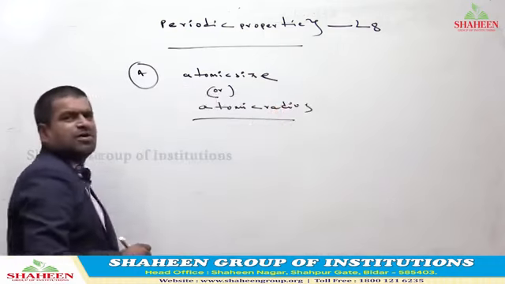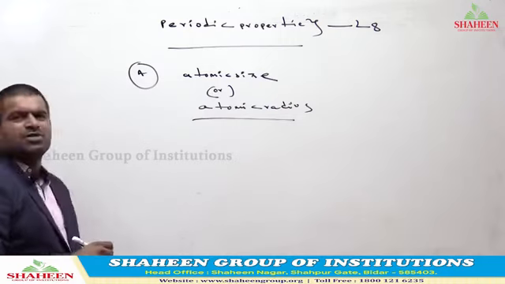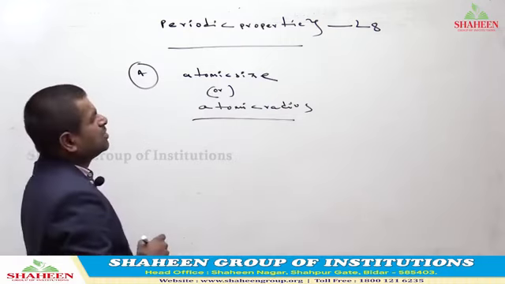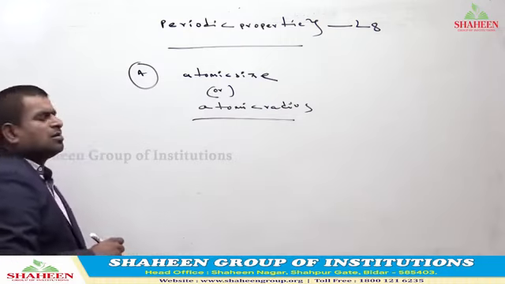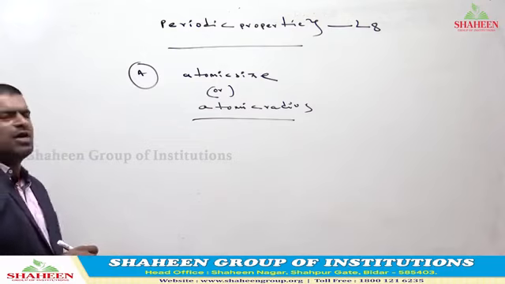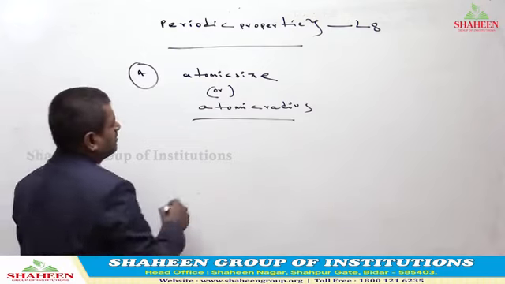Atomic size is nothing but the distance between the nucleus and the outermost electron of an orbital of an atom. It is called atomic radius.